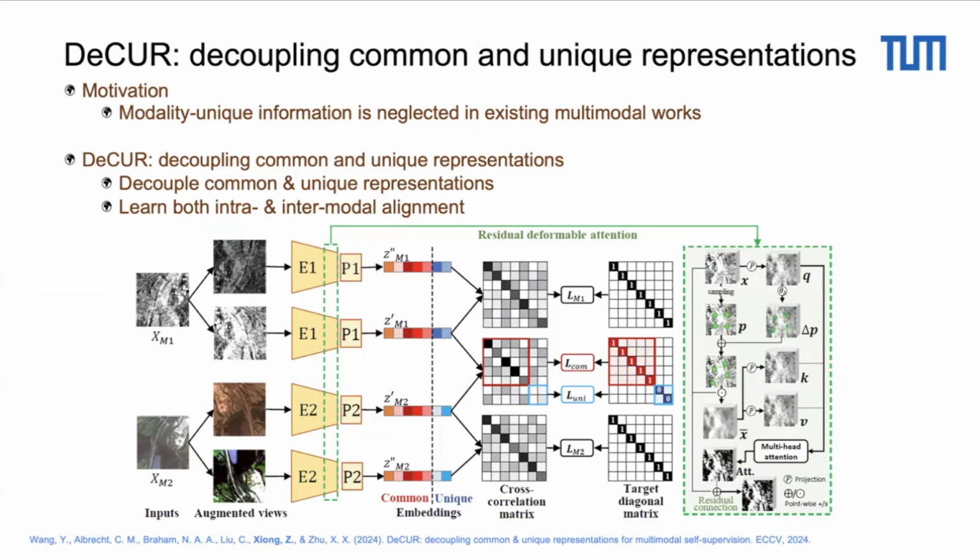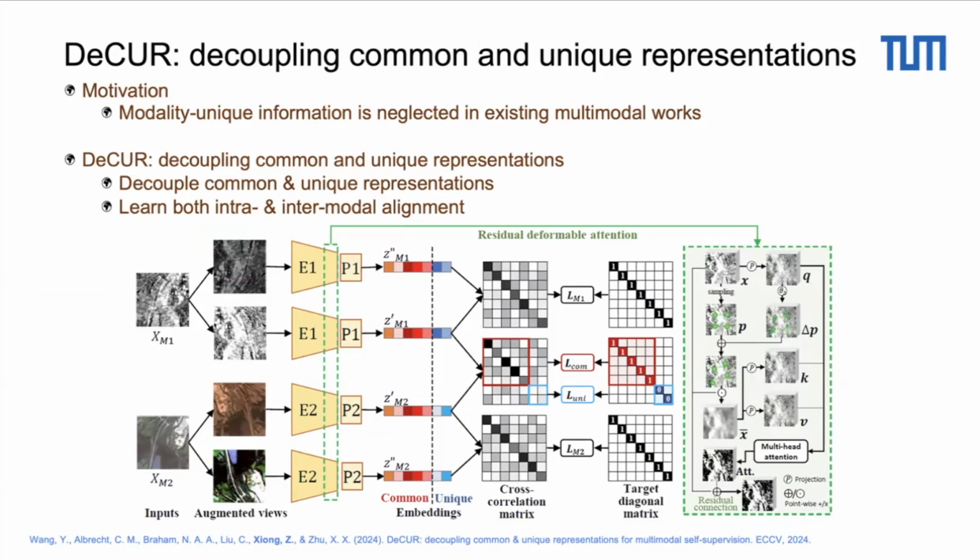It actually consists of three different parts. But the first part is the deformable attention part. We're using deformable spatial attention on different data modalities to keep the model focusing on different parts of the modality and to learn the unique features from individual modalities.